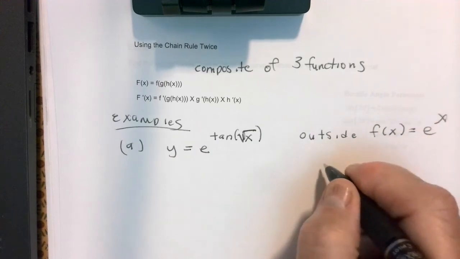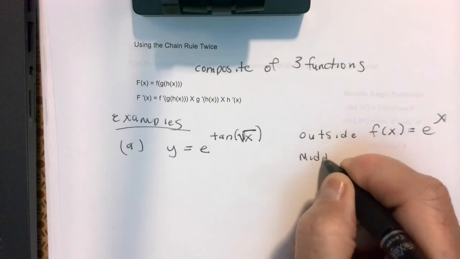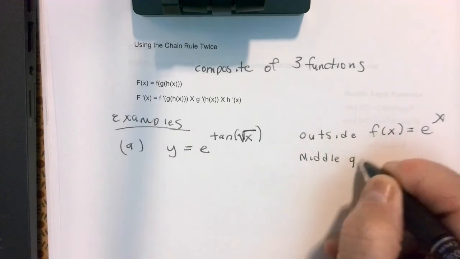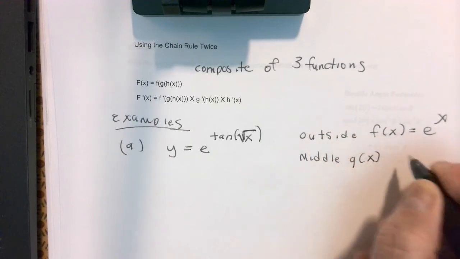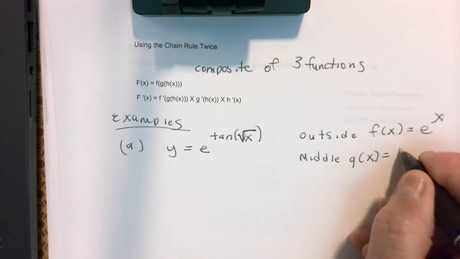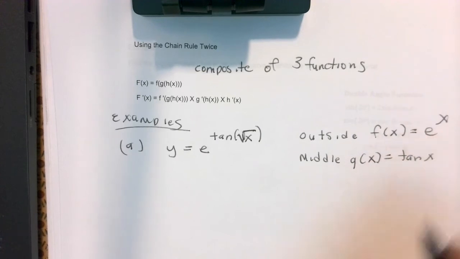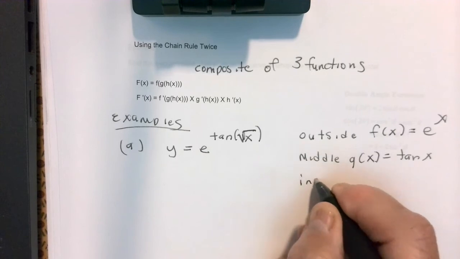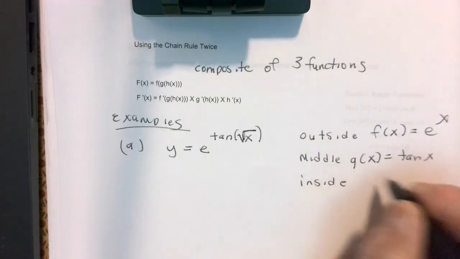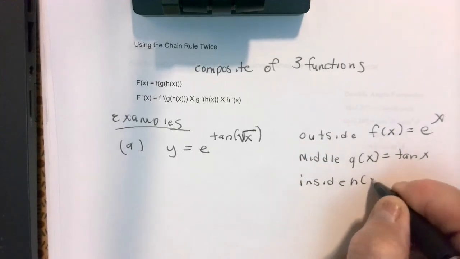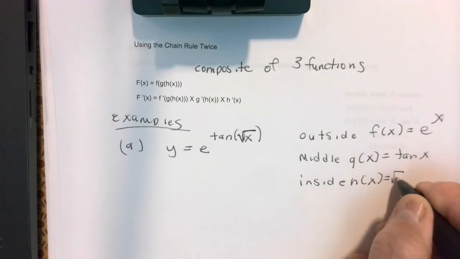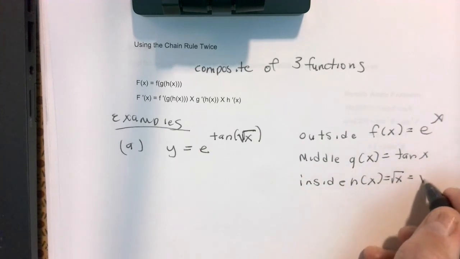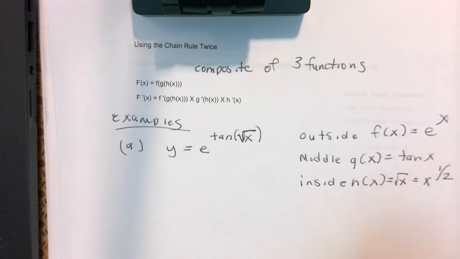There's the middle, which let's call it g of x, equals tan x. And then there's the inside, which let's call it h of x, equals the square root of x, or we're going to have to rewrite it as x to the 1/2.